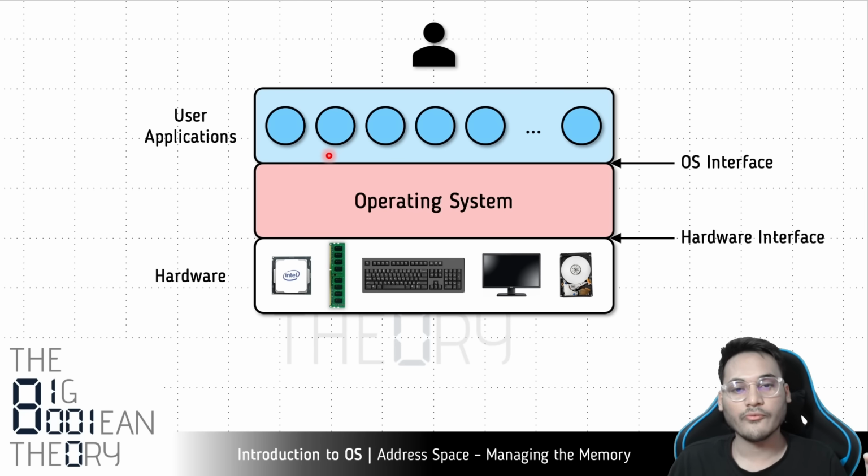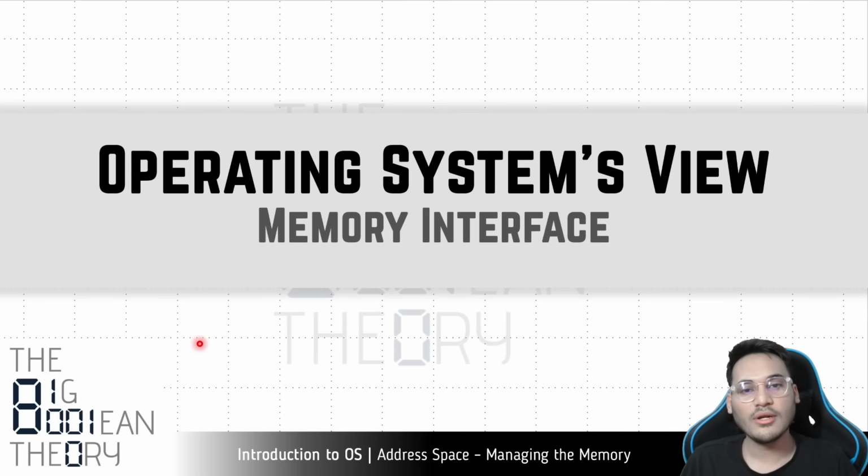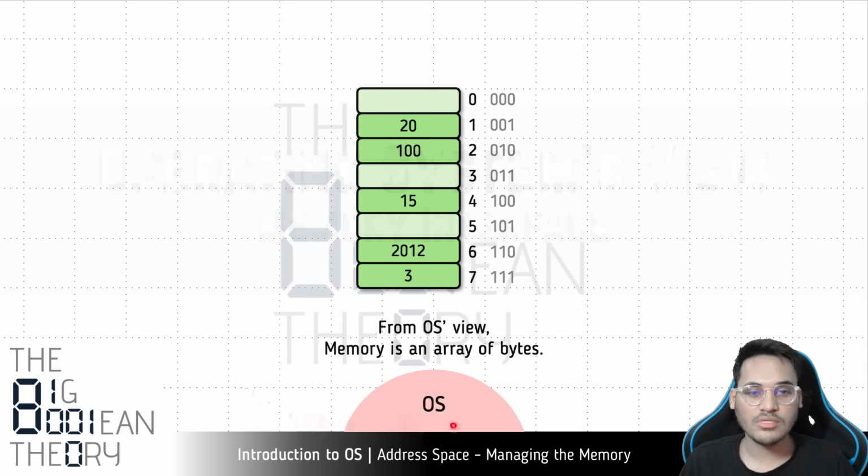Now that we have understood why we need the memory, let us quickly recall what hardware interface the memory exposes to the operating system. Let us see how the memory looks from the perspective of the operating system. This is the operating system, and the interface of the memory that is exposed to it is that memory is an array of bytes, or a sequence of storage locations.